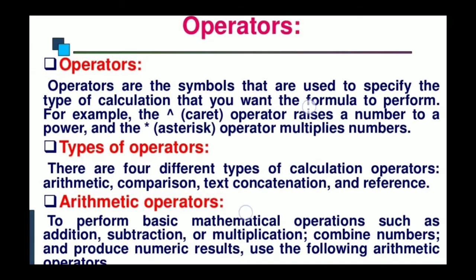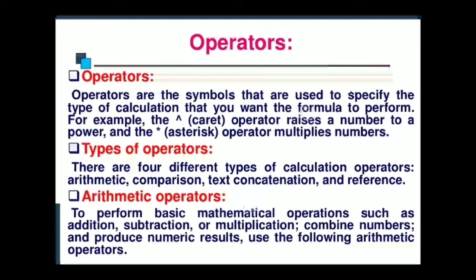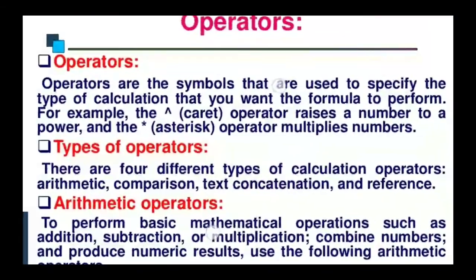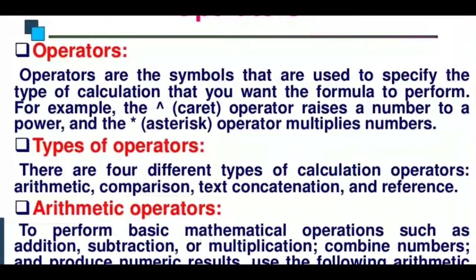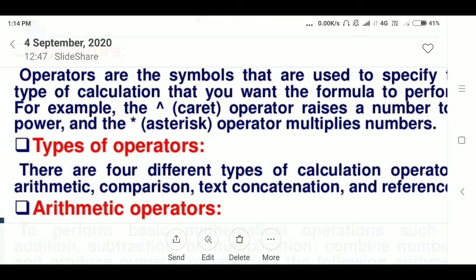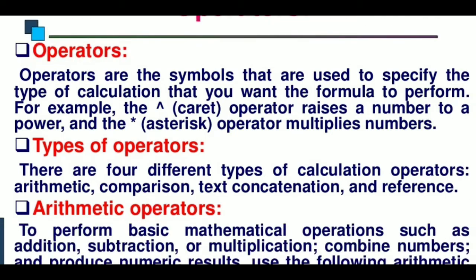Now, types of operators. There are four different types of calculation operators: arithmetic, comparison, text concatenation, and reference. We will discuss arithmetic and text concatenation operators here.